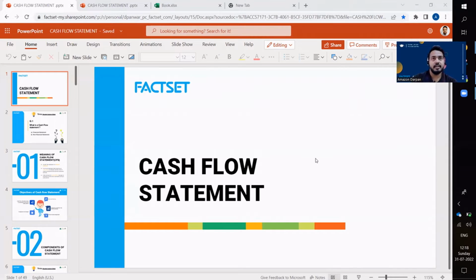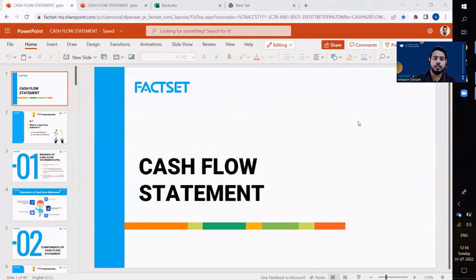One is the balance sheet, the other is the statement of affairs, the third would be the cash flow statement, and the fourth would be notes to accounts. So we understand that the cash flow statement has a large amount of relevancy when it comes to its usage. If there are any doubts, I hope those are resolved by now.